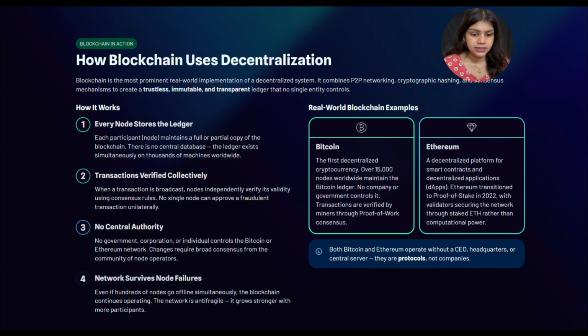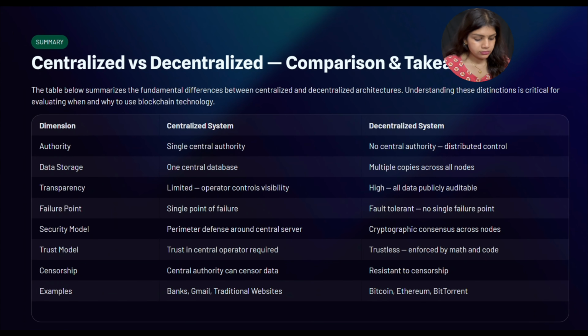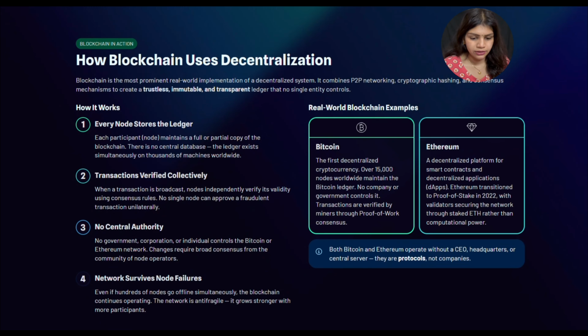Okay, next is how blockchain uses decentralization. Every node stores a ledger, transactions are verified collectively, no central authority, network survives node failure.